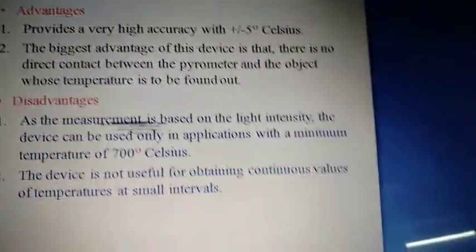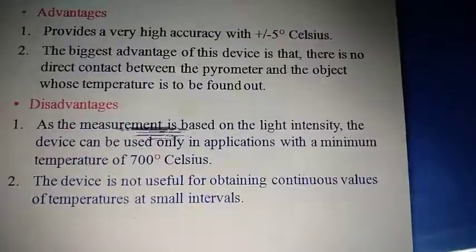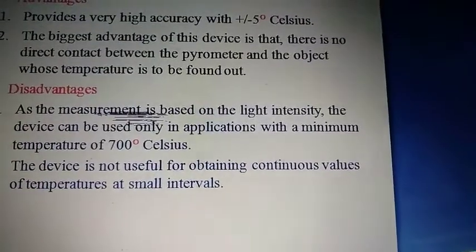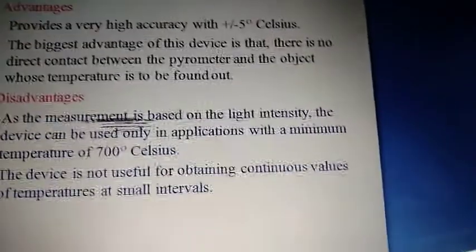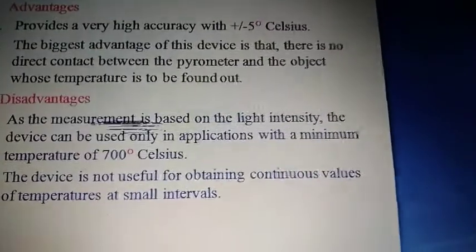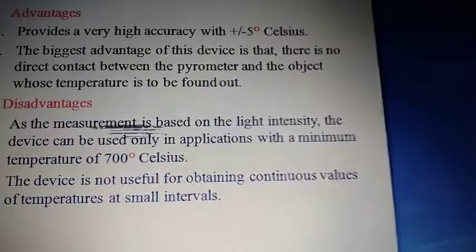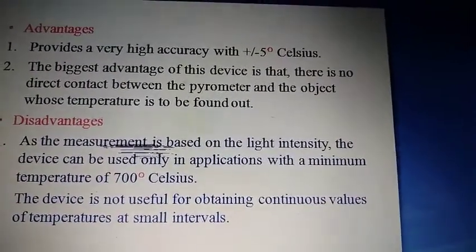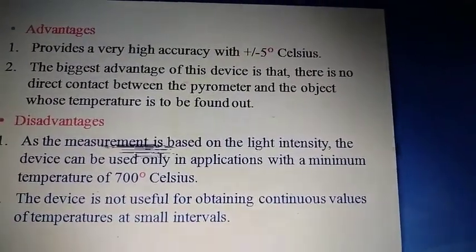The disadvantages, the limitations: the device is not useful for obtaining continuous values of temperature at smaller intervals. Because of that, if you are measuring continuous values, an observer is required, so you are operating manually. An automatic arrangement is not at all possible. As the measurement is based on light intensity, the device can be used only in applications with a minimum temperature of 700 degrees Celsius.